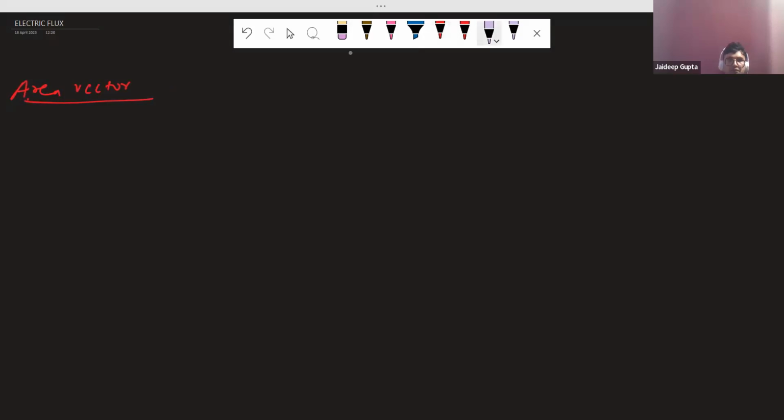Area vector. So, let it be a planar surface. It has area ds. ds is the area. Fine. So, it is a surface. It has area ds.